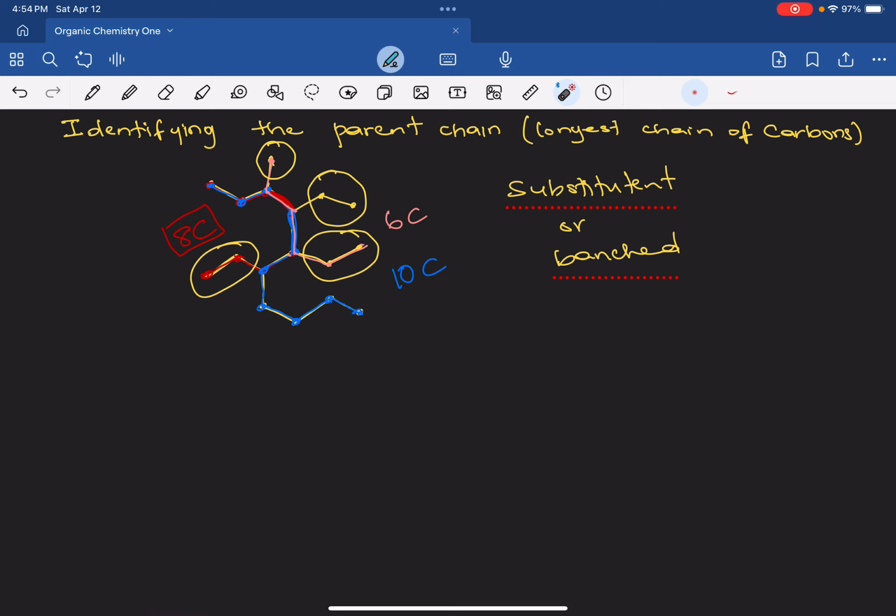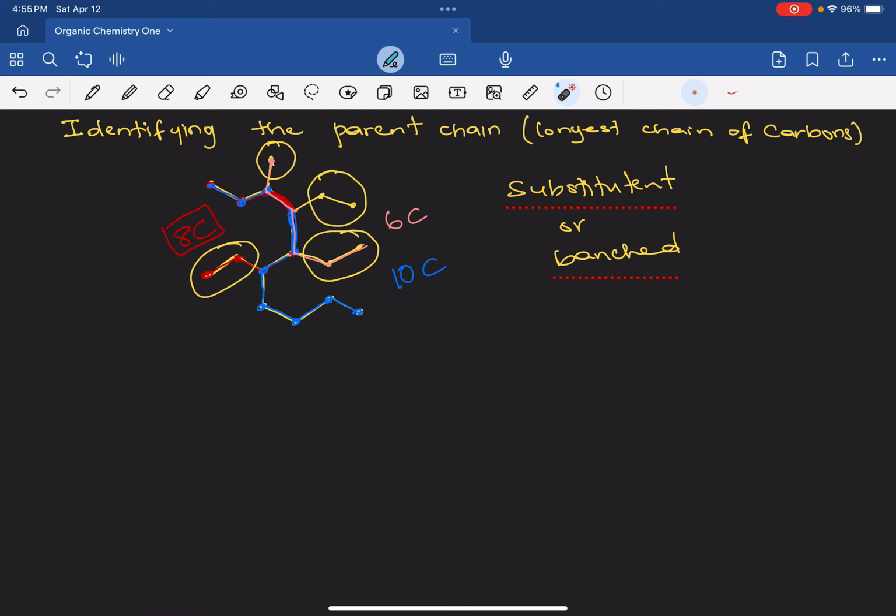But remember, once you find your longest chain of carbons, anything that is not a part of your long chain but is bonded to the chain is considered to be a substituent. We learn how to name those in a second, but this is what you do for your line angle.